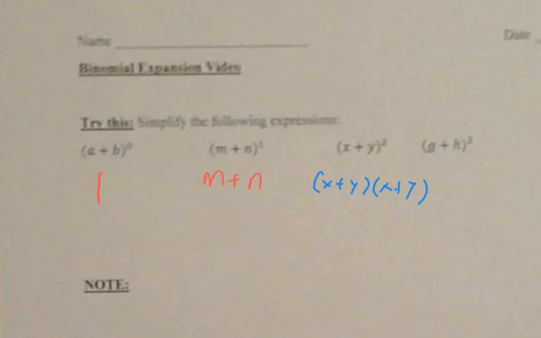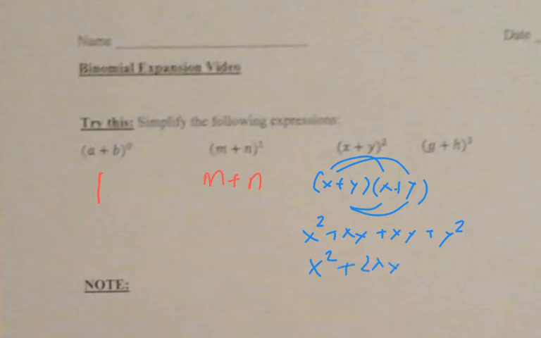And when we distribute this out, we get x squared plus xy plus xy plus y squared. And then we can see we have like terms, so we end up with x squared plus 2xy plus y squared.